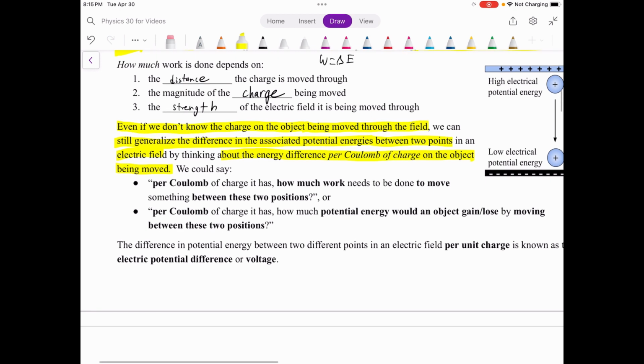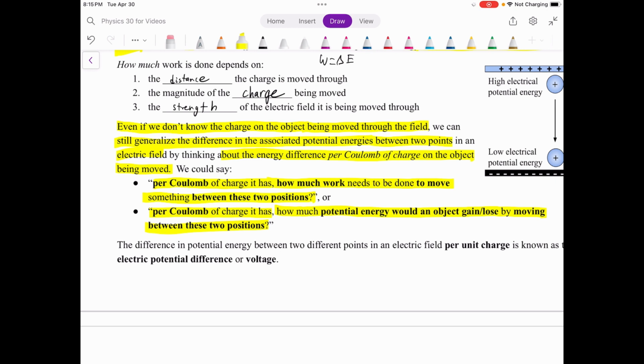We're essentially asking, per coulomb of charge that it has, how much work needs to be done to move something between these two positions. Or in other words, per coulomb of charge that it has, how much potential energy would an object gain or lose by moving between these two positions.